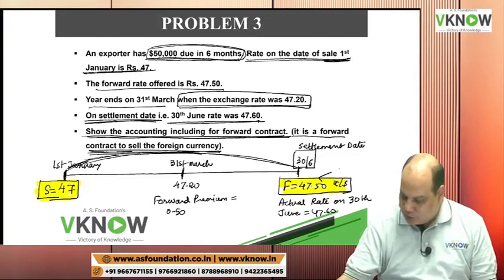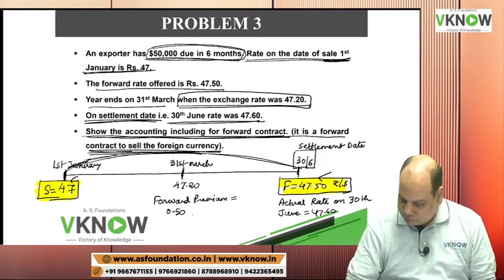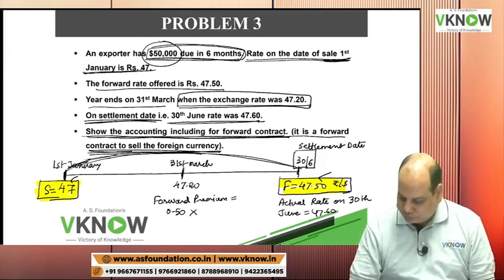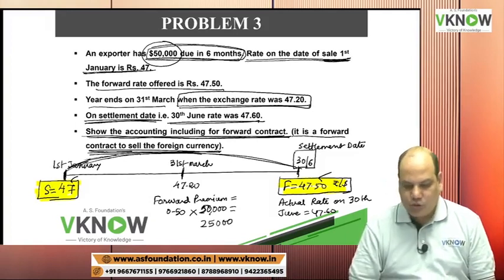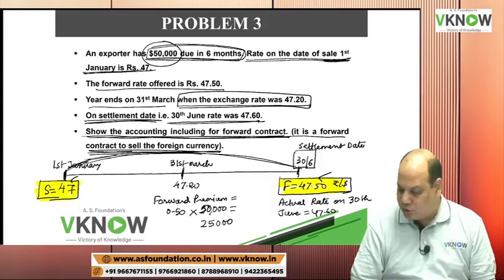Difference between these two, multiplied by number of dollars 50,000. So total is, I think, 25,000. Total is 25,000. Do you agree?